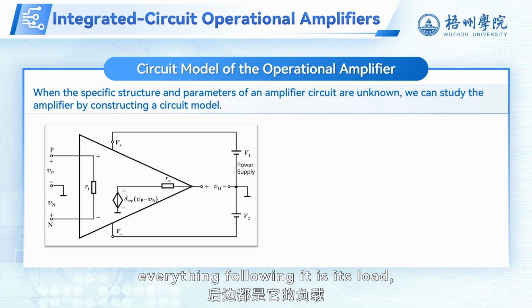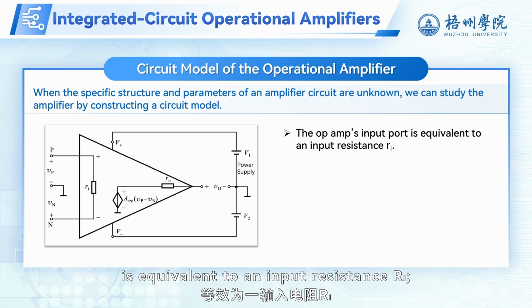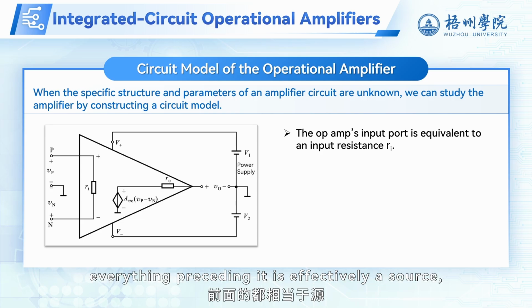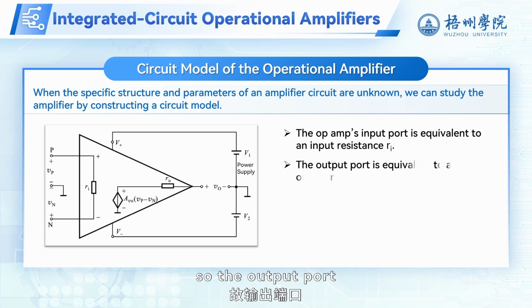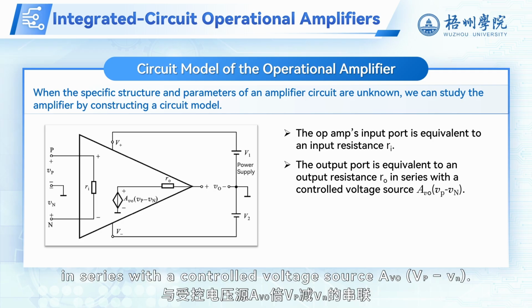Everything following it is its load, and the op-amp's input port is equivalent to an input resistance R_I. From the perspective of the load, everything preceding it is effectively a source. So the output port is equivalent to an output resistance R_O in series with a controlled voltage source A_VO times (V_P minus V_N).